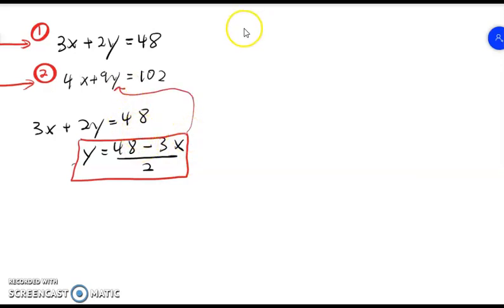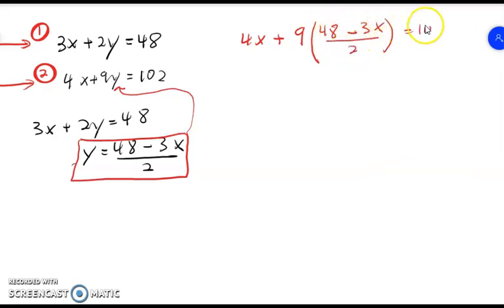So you'll be getting here 4x plus 9. Okay, the y you have to substitute with this 48 minus 3x over 2 equals to 102. Alright, so now we have to simplify this, and you got the 432 when you multiply 9 to 48, and then here's a 27x over 2.